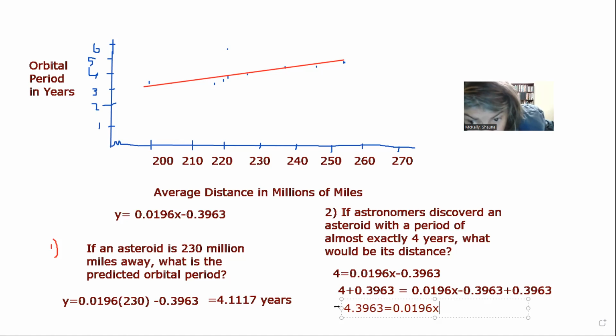And if I want to solve for x, then I need to divide both sides by 0.0196. I'm just going to sneak a line under here if I can.